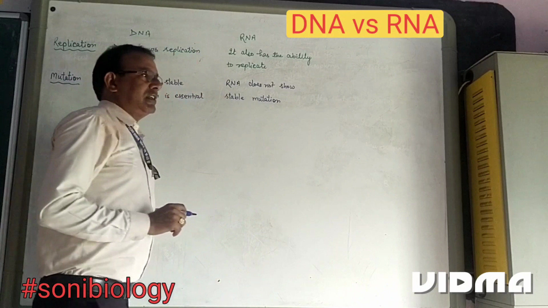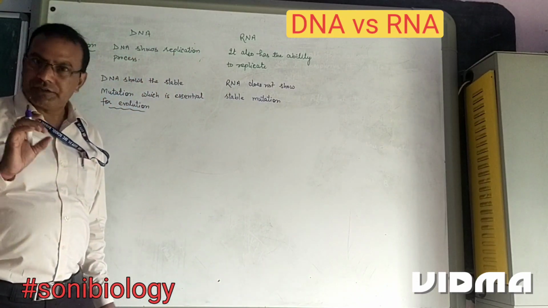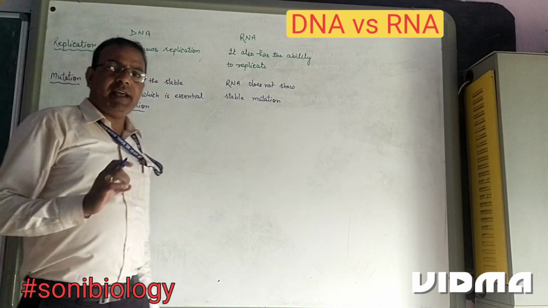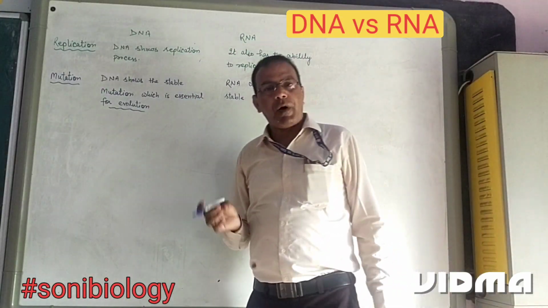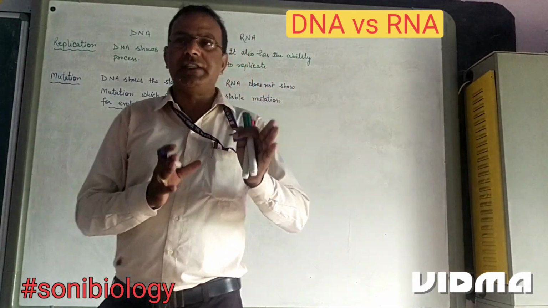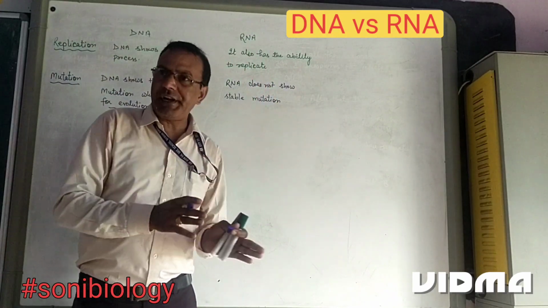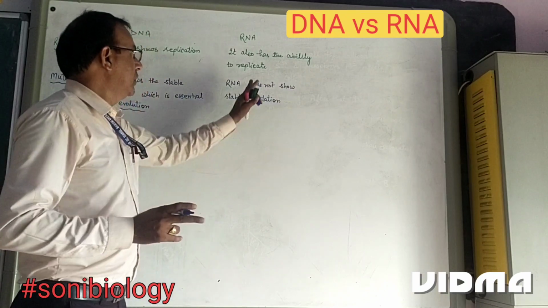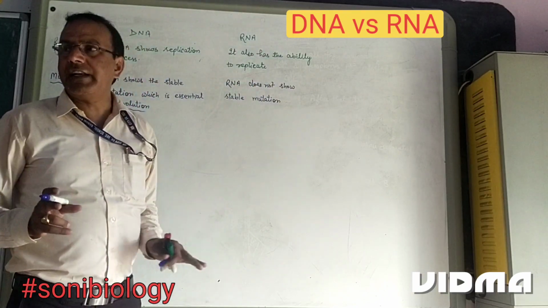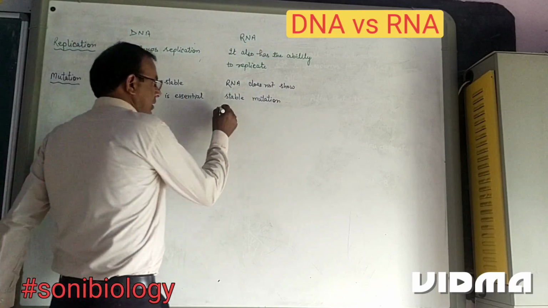Why does RNA not show stable mutation? This is because RNA has more functional groups than DNA, and a compound with more functional groups is more reactive. Being more reactive is a disadvantage. This is the first reason which shows that RNA is not the genetic material.